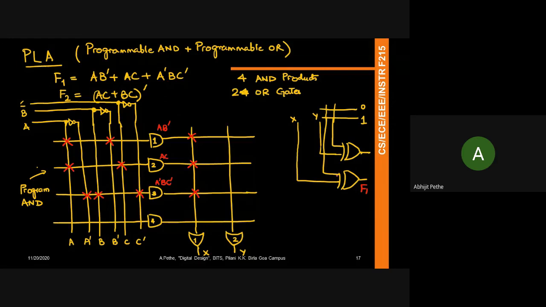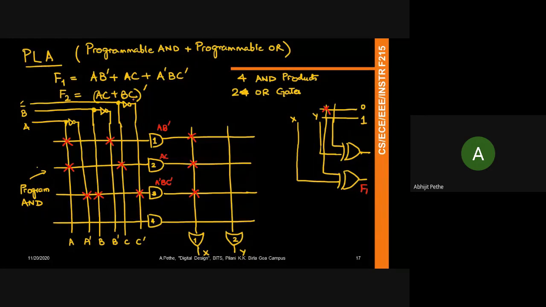If I want to generate the true value out of an XOR gate, what should the other input be, 0 or 1? Zero, right? So this is the input for the gate generating F1, and I will short it to a 0. This tells me that I'm generating term F1 at the output of the PLA.